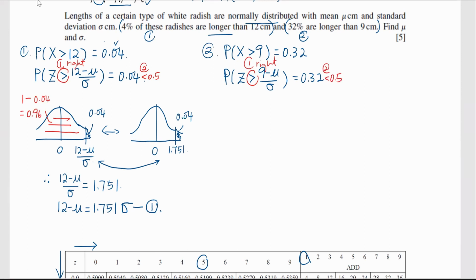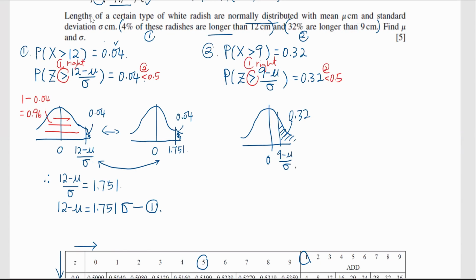When we sketch the bell-shaped curve, it's a similar one, but this time it should have a bigger area because this area is 0.32. It has to be bigger than this. Then the z-score should be 9 minus mu over sigma.